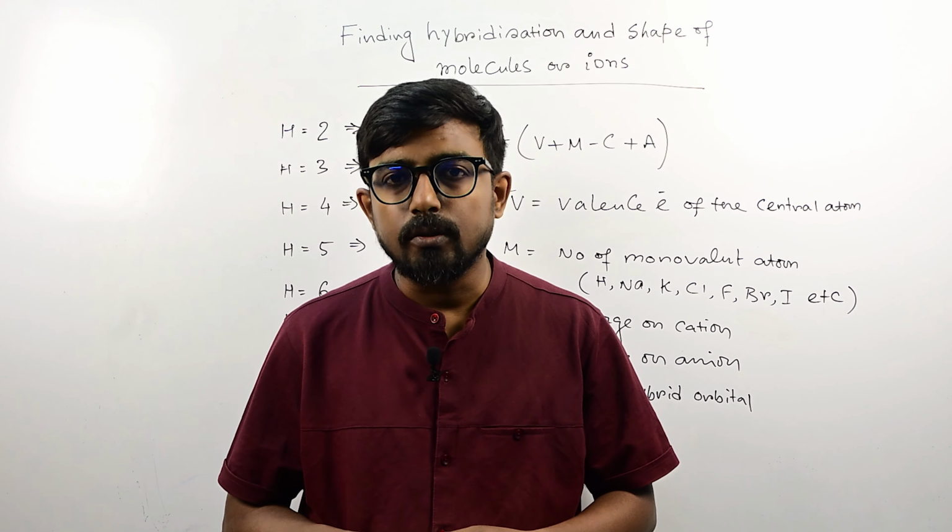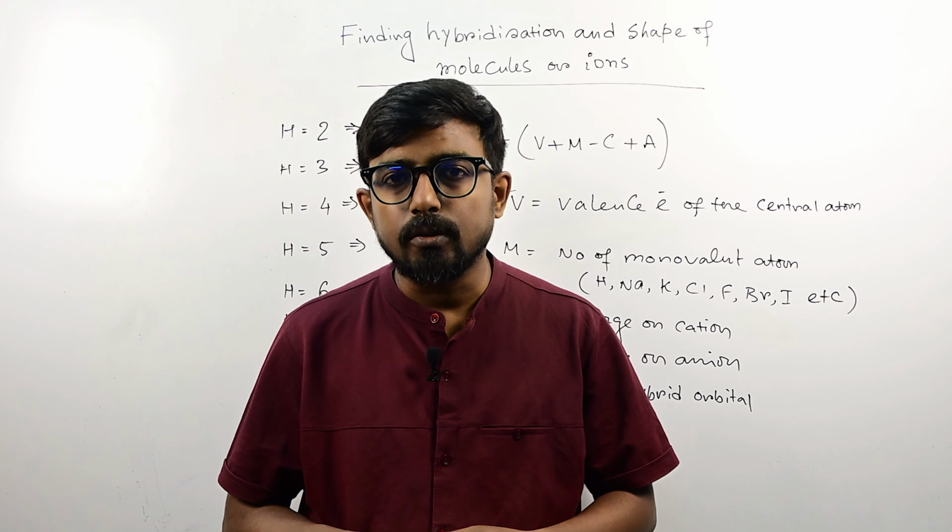Now we will continue with the third one, that is the water molecule. Here oxygen is the central atom, then H will be half V plus M. The electronic configuration is 2, 6, so 6 is the valence electron count of oxygen.